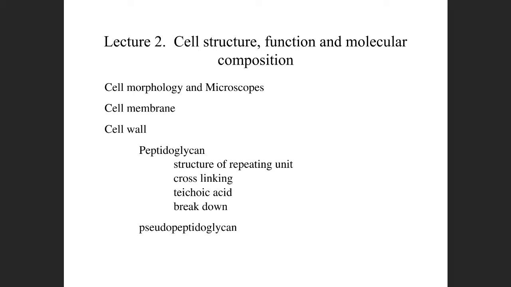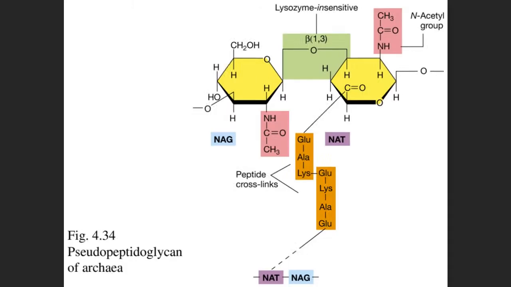Okay, so we talked about peptidoglycan, the chloric acid, and how it's breaking down the effect. And then you have what's called the pseudo-peptidoglycan, because I keep coming back to this later. The pseudo-peptidoglycan is different from peptidoglycan, and they don't have repeating units. It's a little bit more complex.